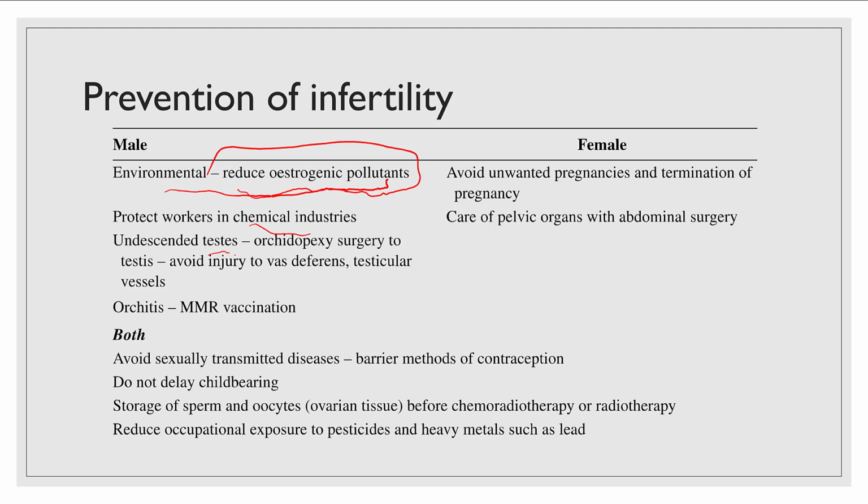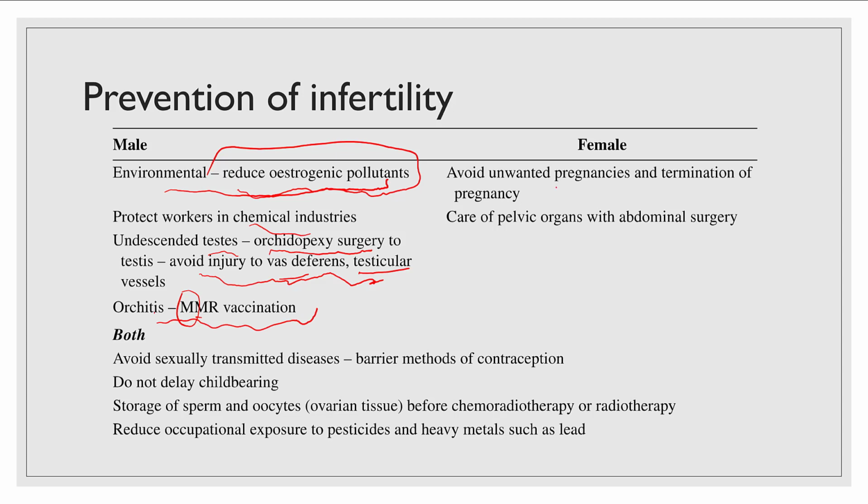If they have undescended testes, get them to have orchidopexy surgery. When you are doing any surgery on a male, especially young males, avoid injury to the vas deferens or the testes. If there is a risk of orchitis, especially due to mumps, think about MMR vaccination even in males.